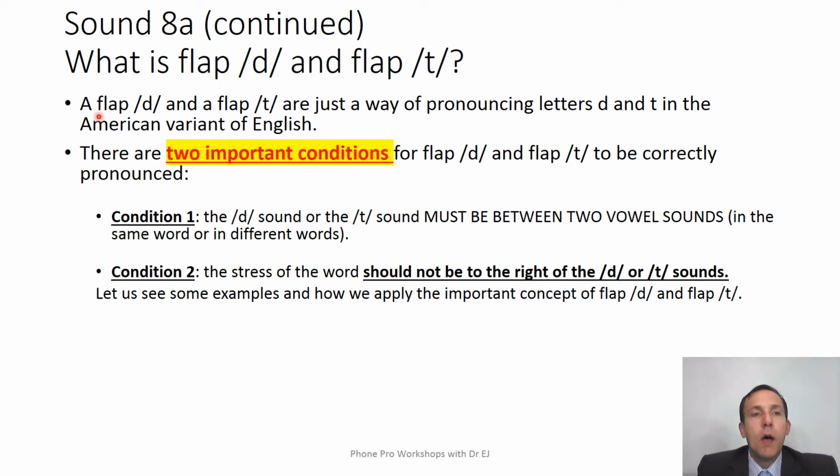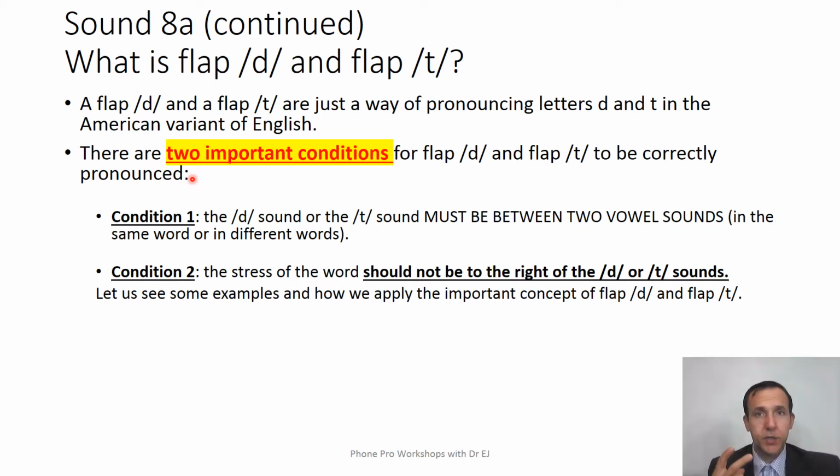A flap D or a flap T is just a way of pronouncing letters D and T in the American variant of English. There are two important conditions for flap D and flap T to be correctly pronounced.